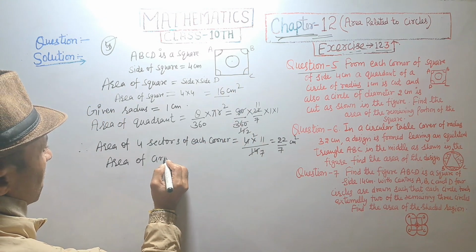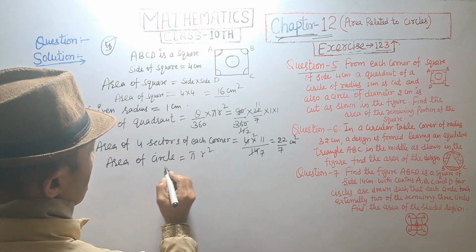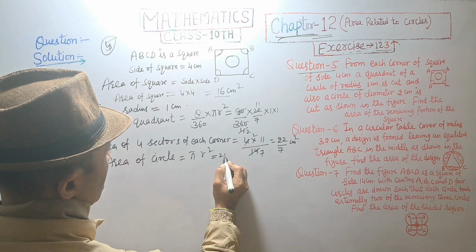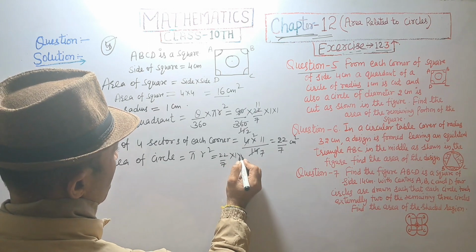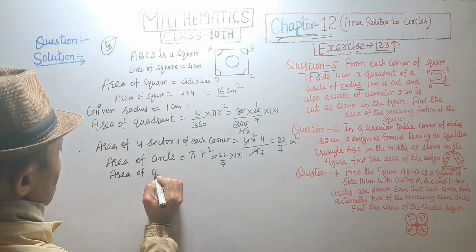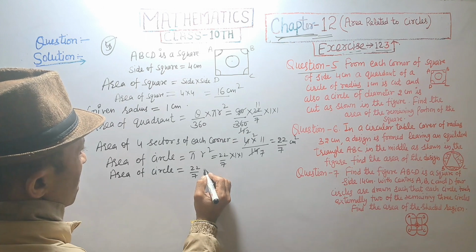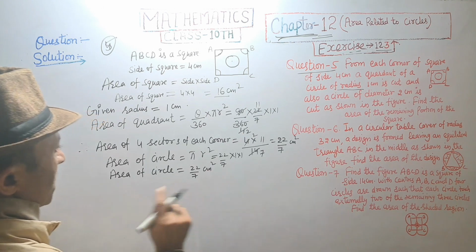Area of circle is pi r square, that is equal to 22 upon 7 into 1 into 1. Area of circle is equal to 22 upon 7 centimeter square.